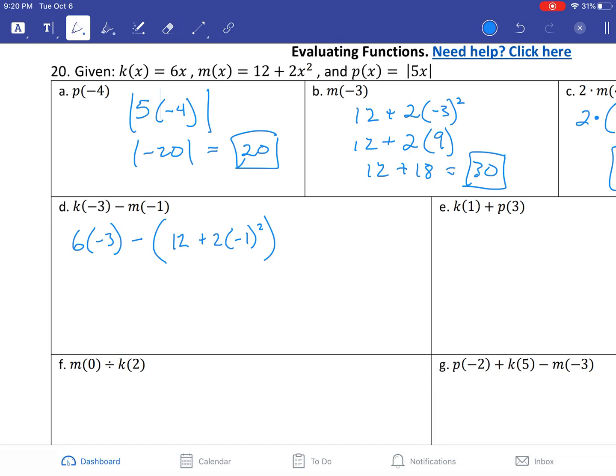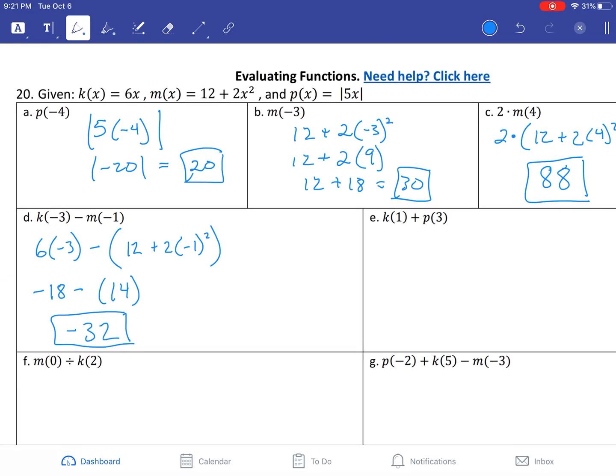And I put the numbers that are supposed to go into the function in parentheses. So let's start here. 6 times -3 is -18. Minus -1 squared is 1. 1 times 2 is 2. And 12 plus 2 is 14. I'm going to put it in parentheses just to be consistent. -18 minus 14 is going to be -32. And then we're done.